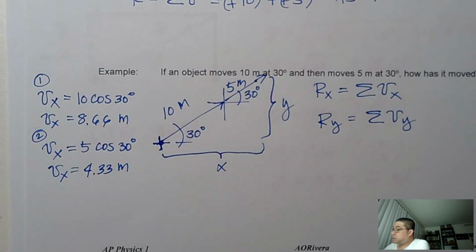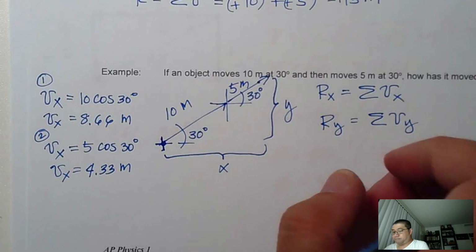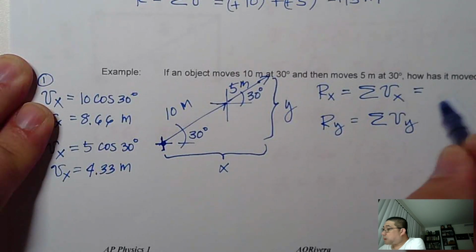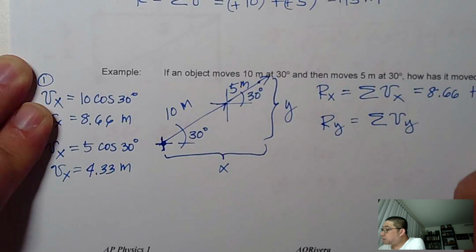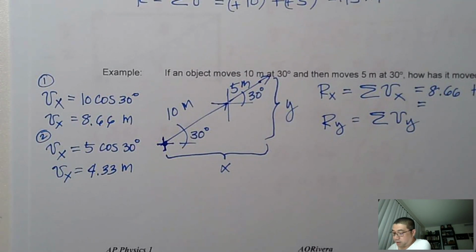Okay. And they're all moving to the right. So therefore we have 8.66 plus 4.33. And we have a value of Rx.